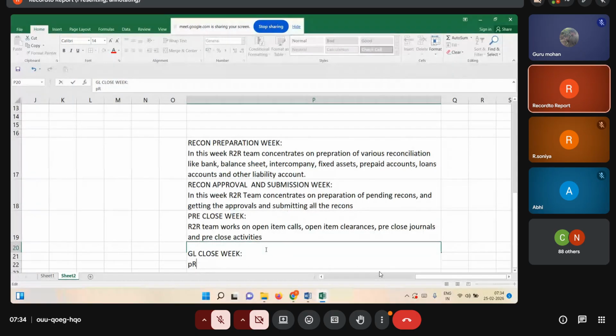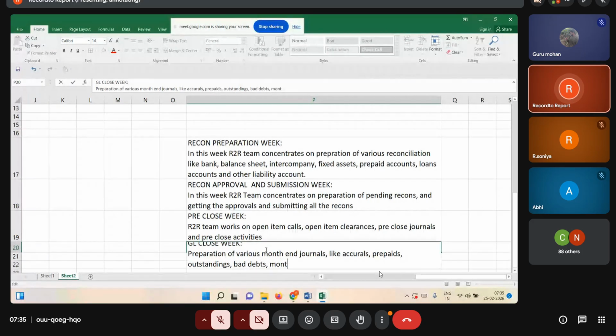Preparation of various month-end journals like accruals, prepaids, outstandings, bad debts, month-end FX revaluation, depreciation run, depreciation, etc., guys.